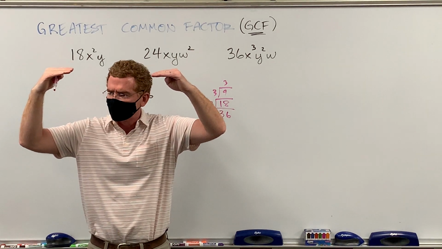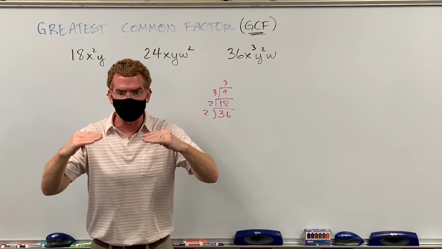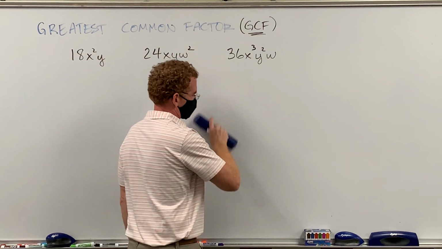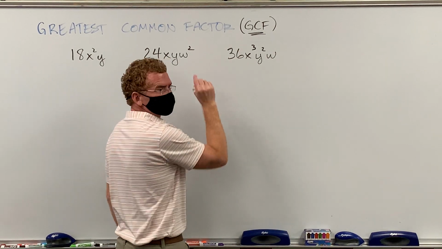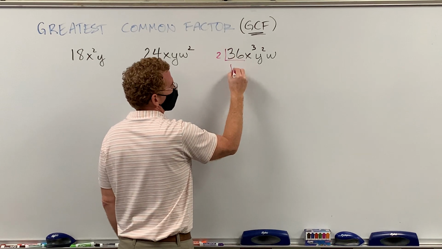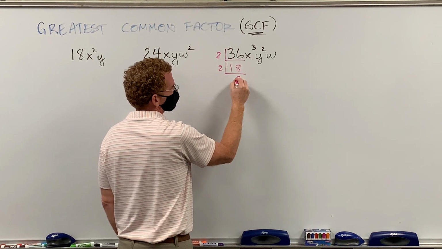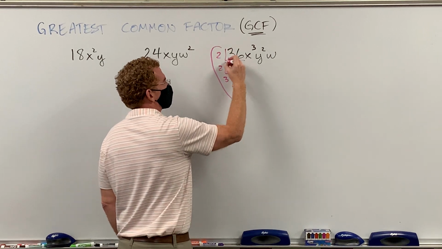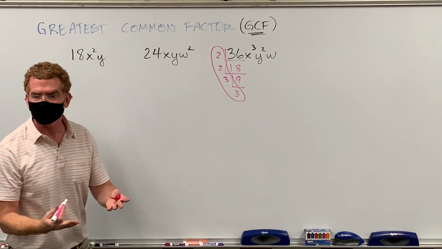Does that make sense? And on big numbers, I might have a lot of division going up. So what I do is I just do the division going down. So if I want to find the prime factorization, I'm going to pick prime numbers that go in, prime numbers that go in, prime numbers that go in, and in the end, it's really easy not to lose numbers.